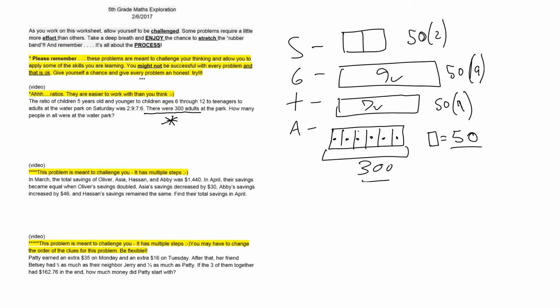So we take our totals for each of the age groups. We have 100 for our 5 years or younger. Our 6 to 12s would be 50 times 9, so we have 450. We then have our teenagers, which gives us a grand total of 350. And of course we have our adults, which we already knew was 300.